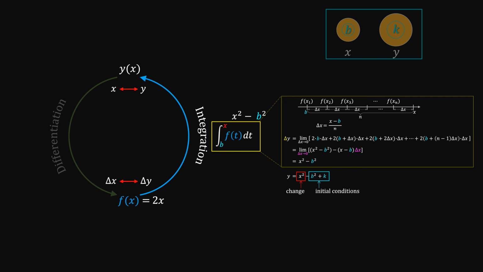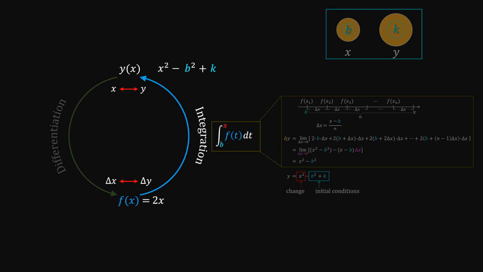In this case, it will be a quadratic term. Adding the initial y will give us y, but not just one value for y, but a relationship telling us how to compute y for any x. It has a core relationship involving the change plus some constant. What this constant is depends on the initial conditions.